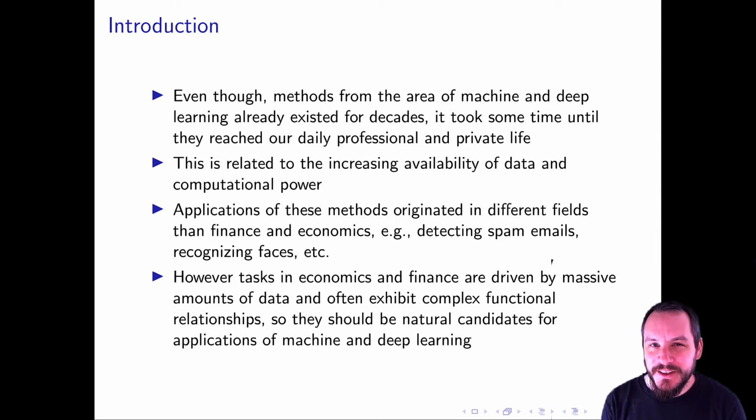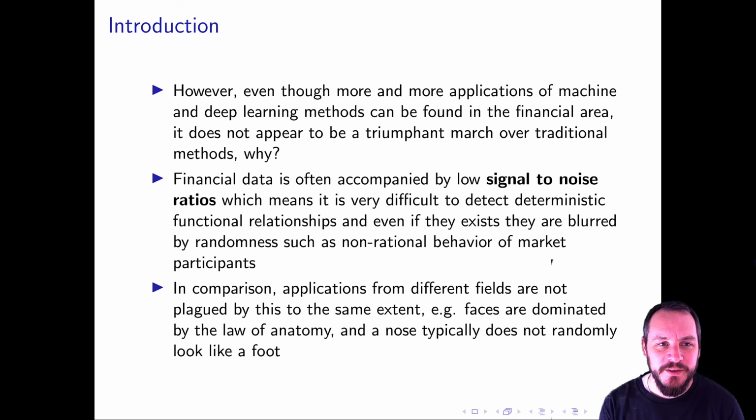And also, the financial area is driven by complex functional relationships among all the variables we can observe for companies, for institutions, and so on. So it should be a natural candidate to successfully apply machine and deep learning methods. But once you start to experiment with it, you will find out that it's not as straightforward as you might have expected.